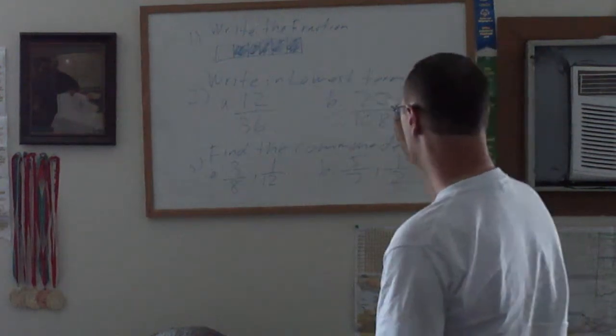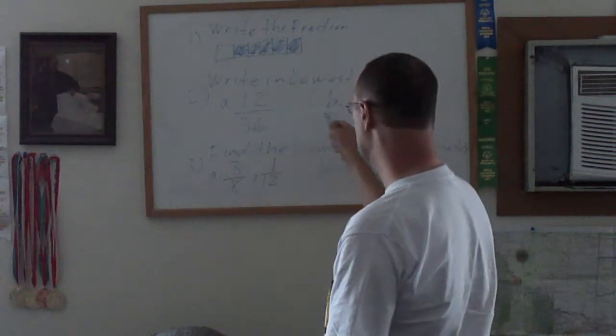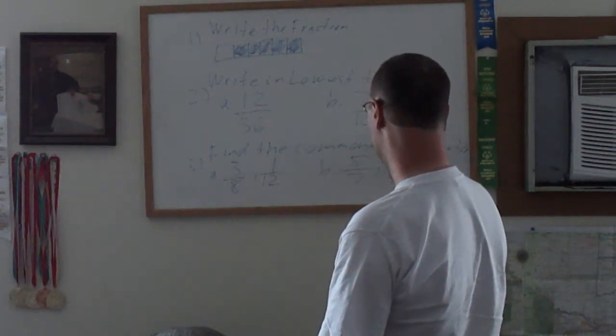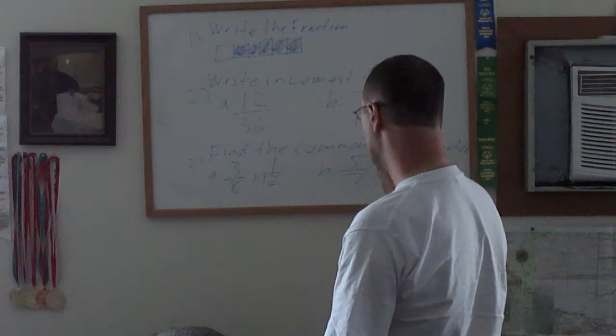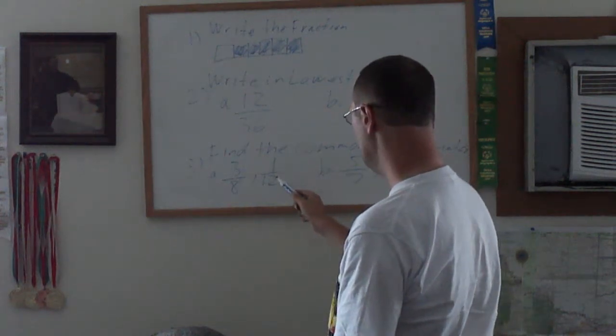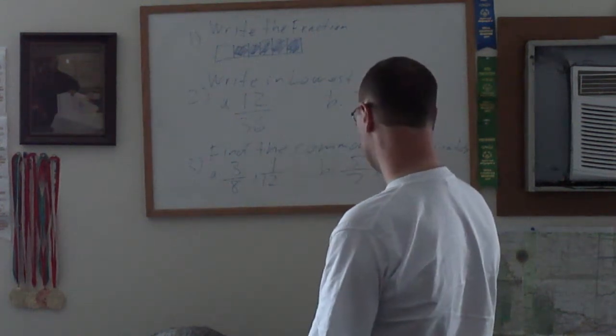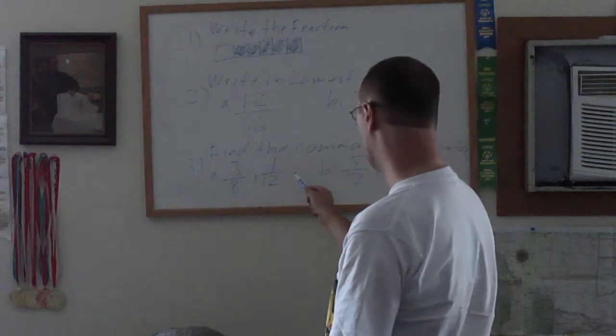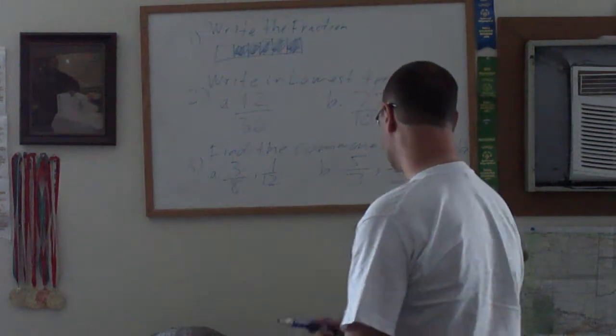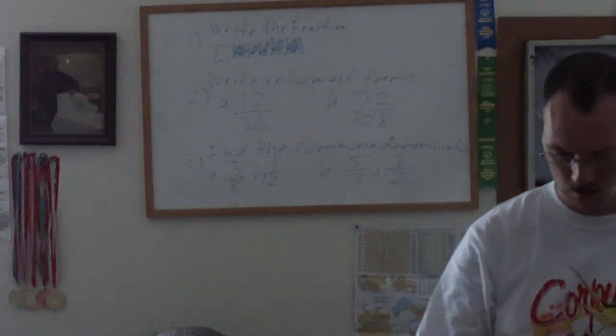Number 2, in the lowest terms, 72 over 108. And find the common denominator: 3/8 and 1/12, and 5/7 and 1/12 and 1/2.